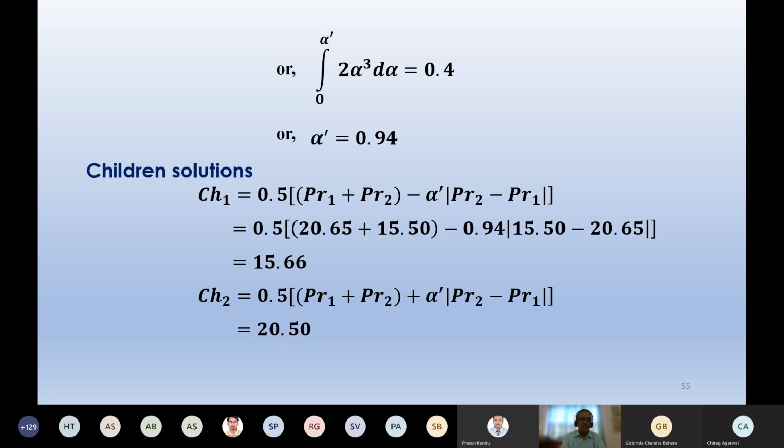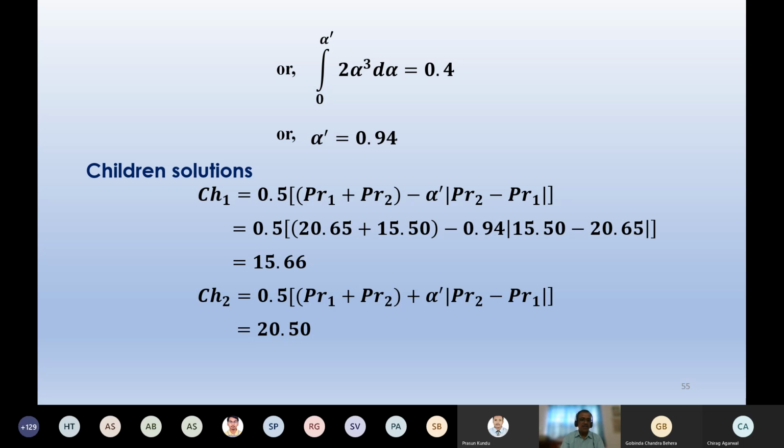Once you've got this alpha prime, very easily you can calculate the children's solutions. Child 1 is 0.5 multiplied by PR1 plus PR2 minus alpha prime into the mod value of PR2 minus PR1, and alpha prime is 0.94. If you substitute all the numerical values, you'll get 15.66.